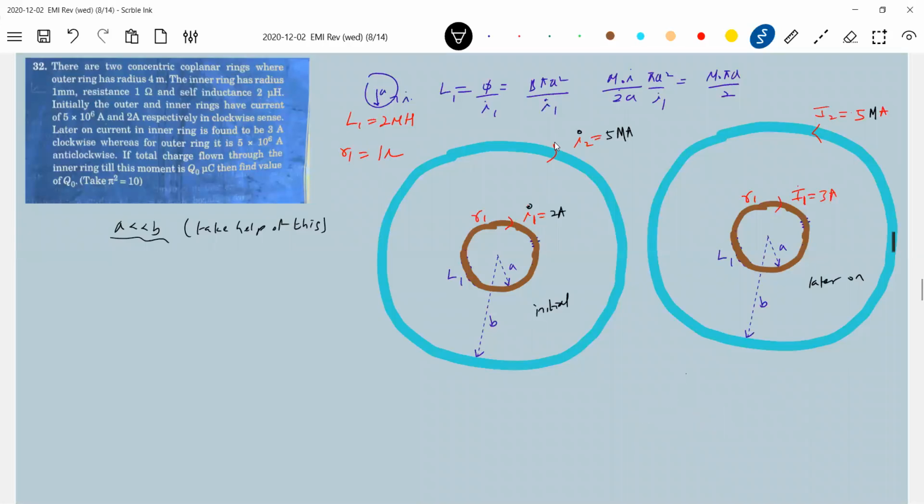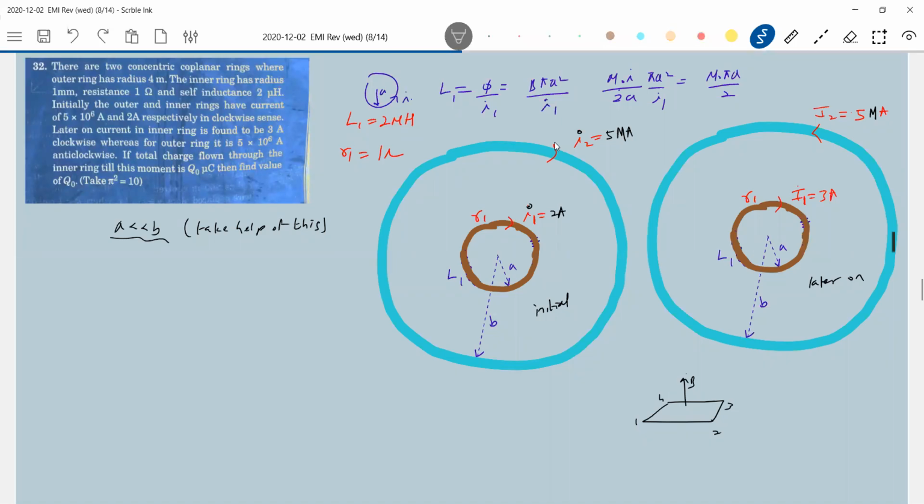Okay, let me do one thing. So this is a B bar. This is 1, 2, 3, 4. I will invert the loop. I don't know how I'm showing.